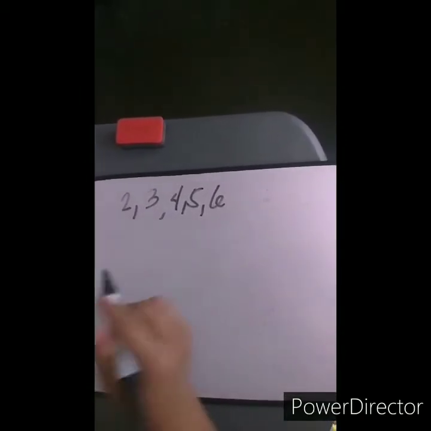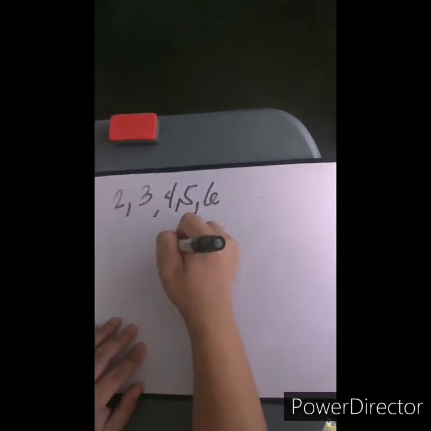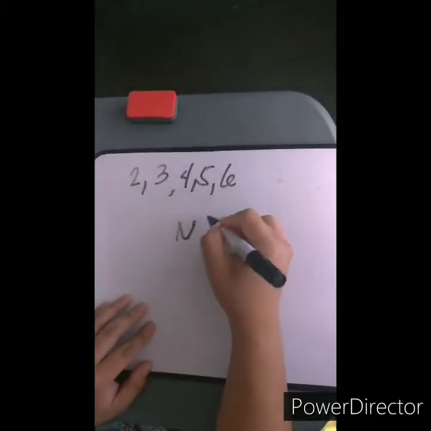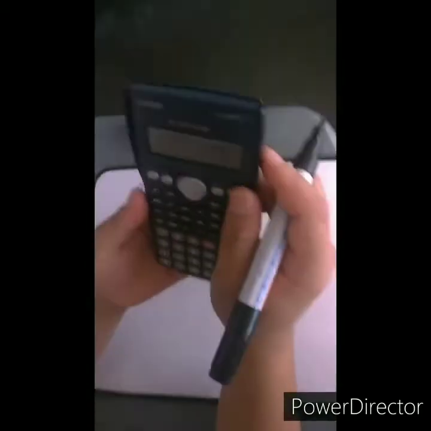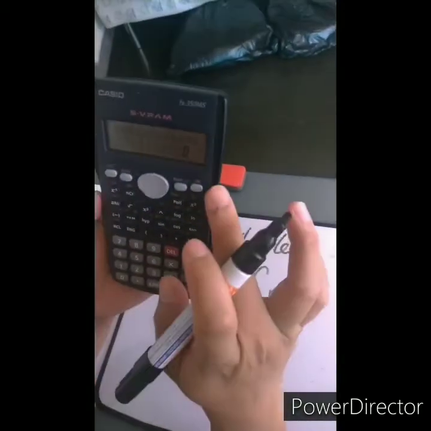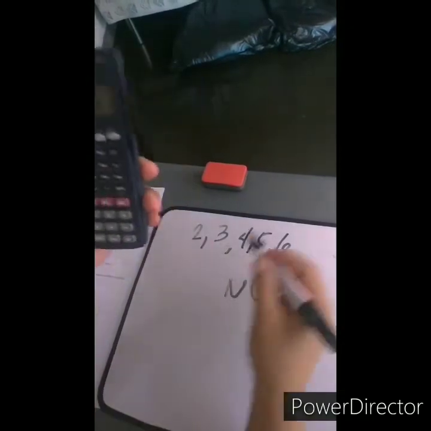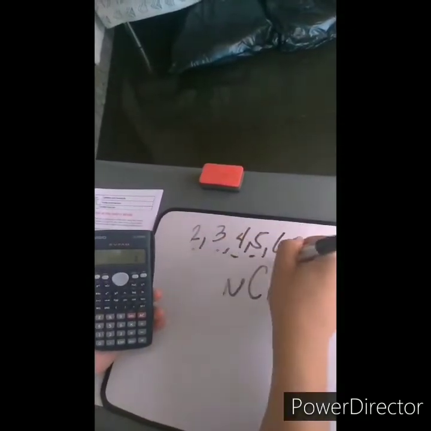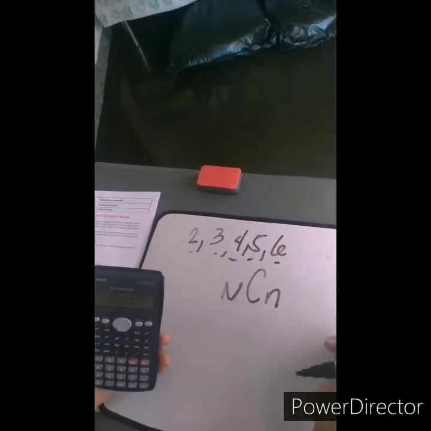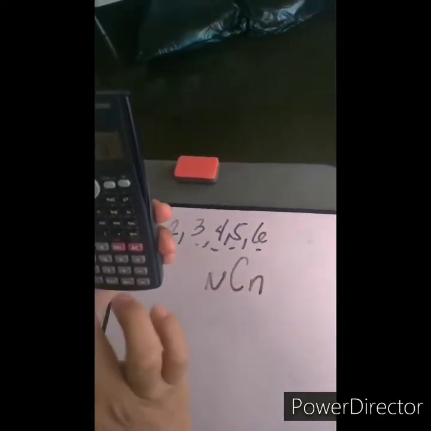So we have here the formula, the population combination of the sample size. If you look at your calculators, you can see the symbols. Okay, let's input. What is your population? Your population is 5 values.